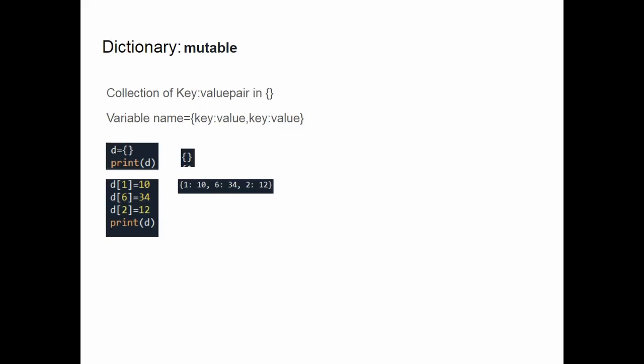Similarly, what is a dictionary? It is a collection of key and value pairs which is enclosed in curly braces. If only the values are enclosed in the braces, this will be called a set. But if we have the combination of key and value which are combined using the colon operator, that will create a dictionary in Python.